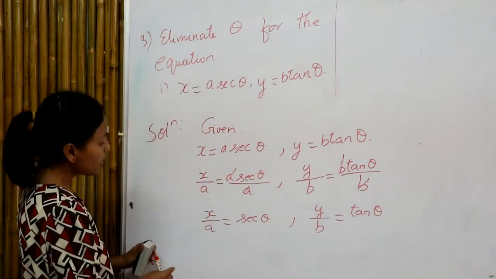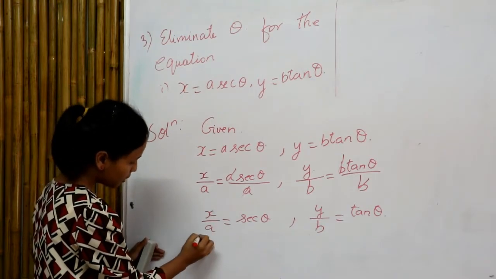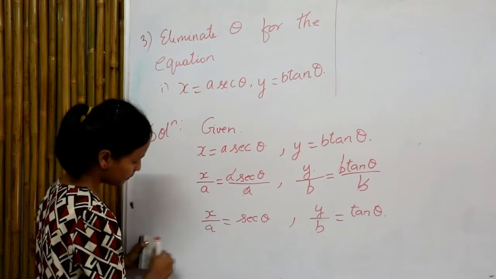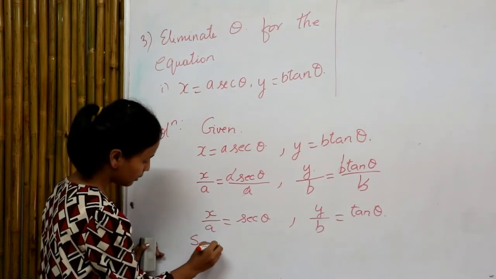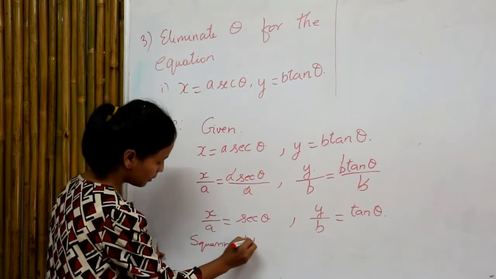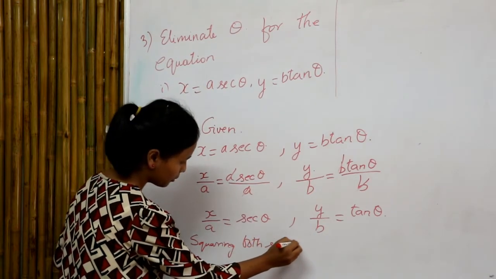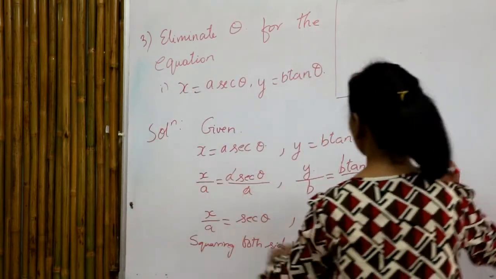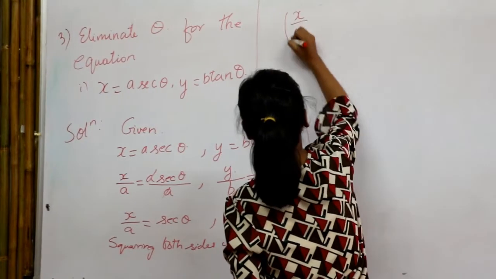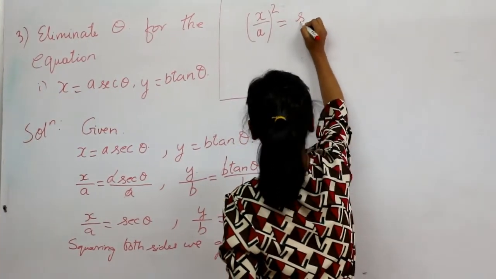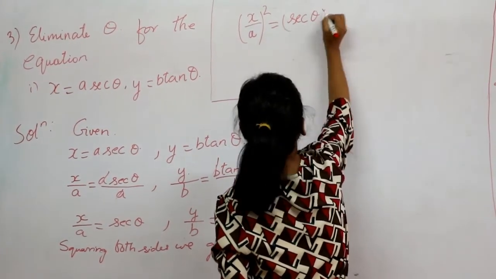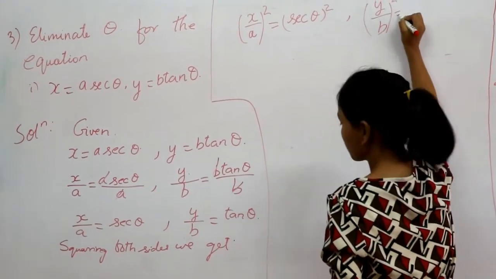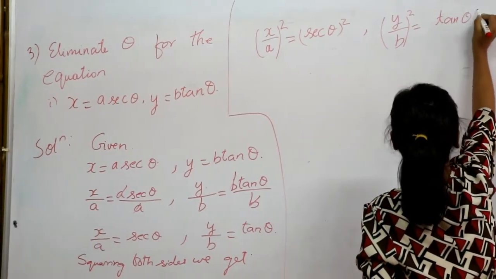Okay, now let us square this one. Squaring both sides, we get (x by a) whole square is equal to (sec theta) whole square, and (y by b) whole square is equal to (tan theta) whole square.